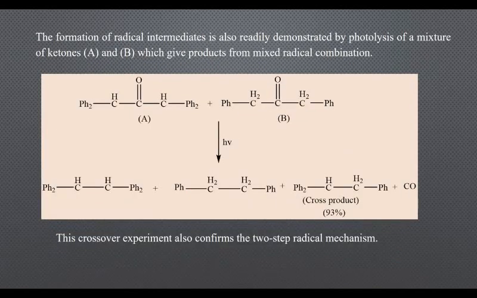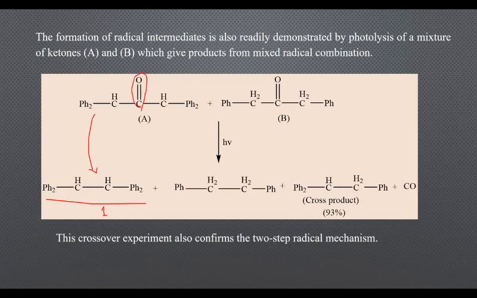Here is another example. Here we have two types of ketones, A and B, and when the product is observed, we have different types of products. We say that A gives the product 1 after decarbonylation.